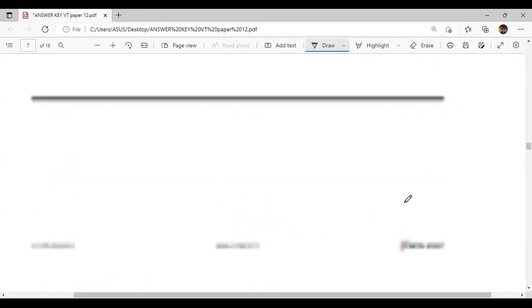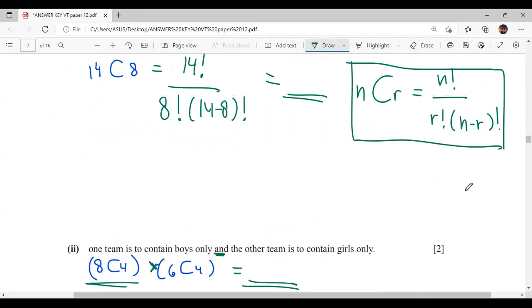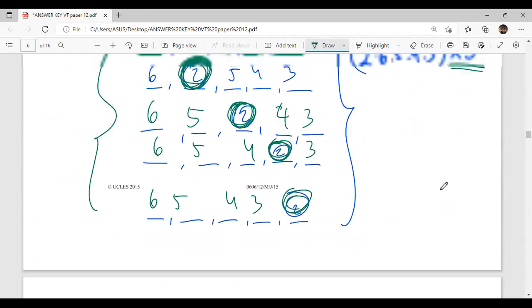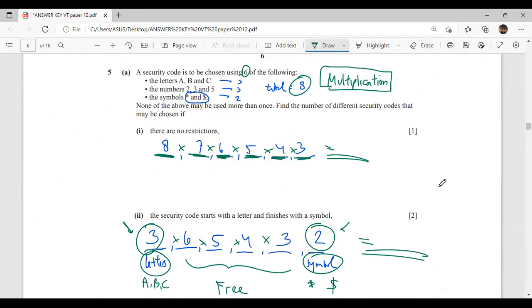Wait, yes. For 5A, would it be permutations or? I don't know whether it is permutation or combination, but I do the multiplication rule. I think it is permutation because the order is different, right? About 8P6, is it the same? Let's try.